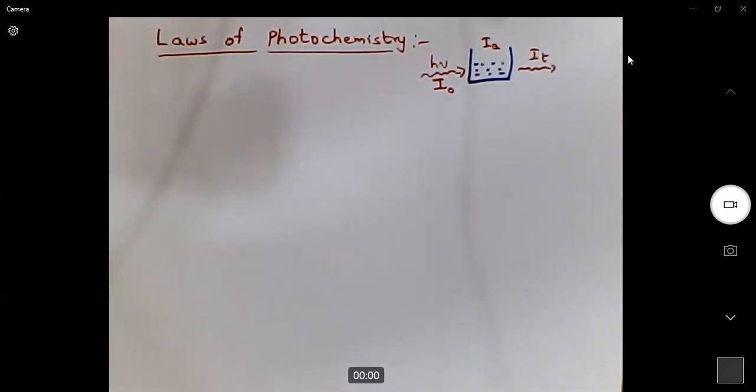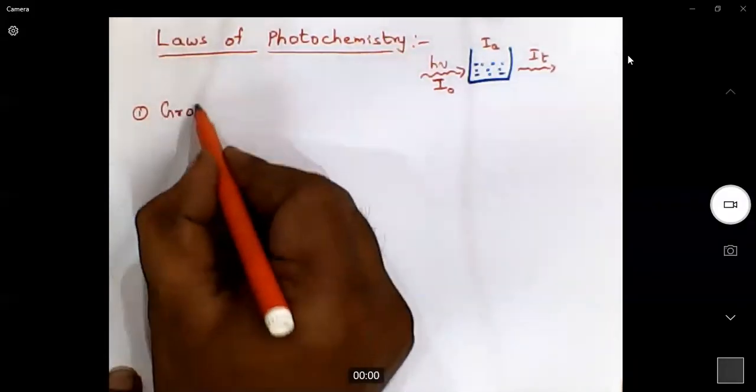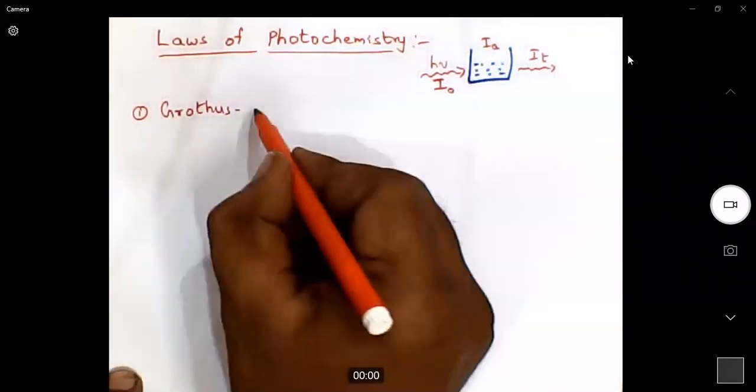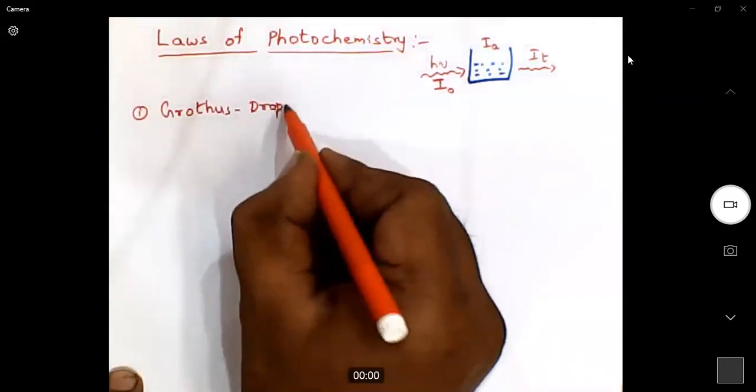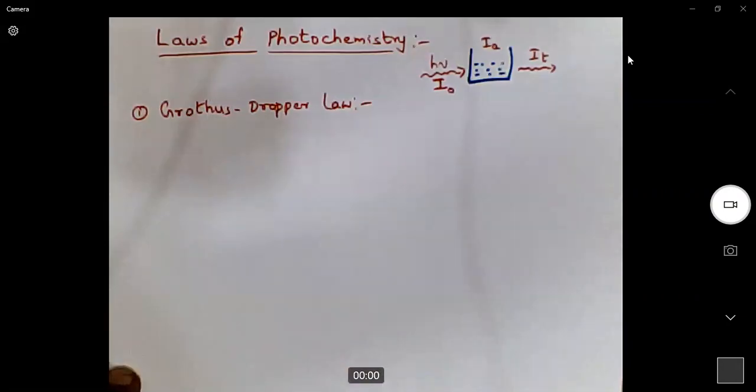Based on this principle, there were two basic laws. First one, Grotthuss-Draper law. What is the Grotthuss-Draper law?